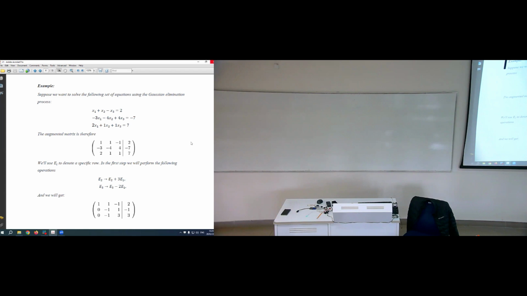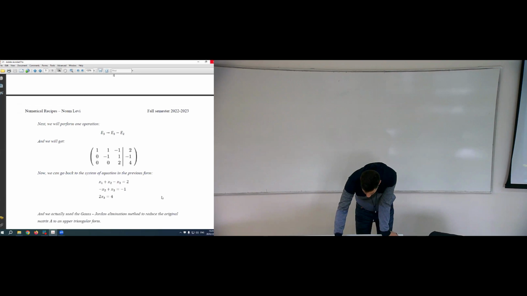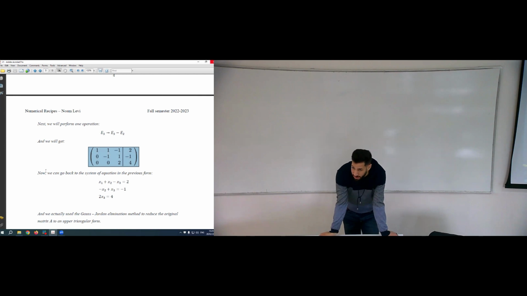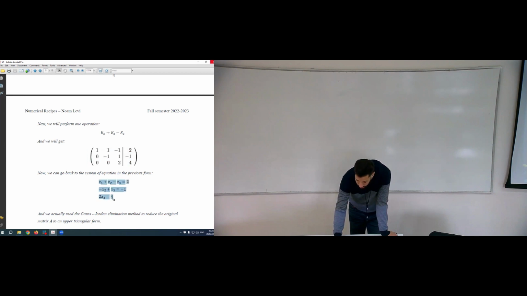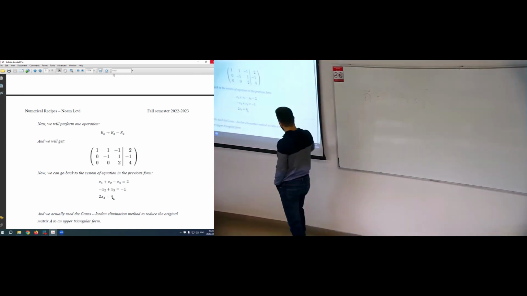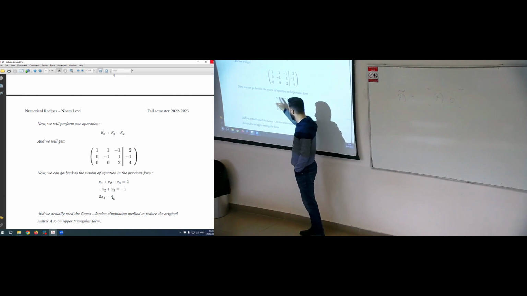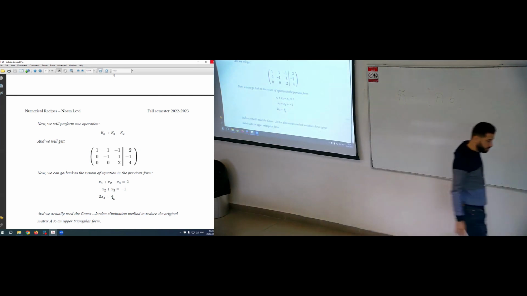After that, I will take this row minus this row, and in this way, I will nullify the second element. So I get to this augmented matrix, and if I recast it to equations, this is the meaning of it. And therefore, I can say immediately x3 is 2 and plug it in here, find x2, and then find x1.